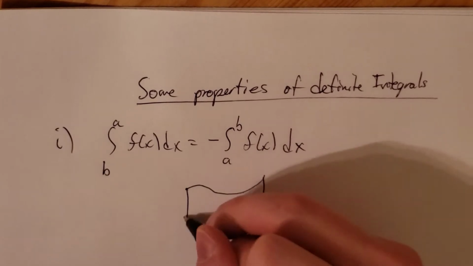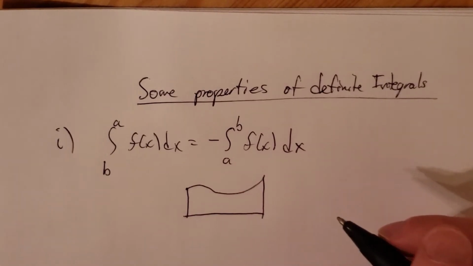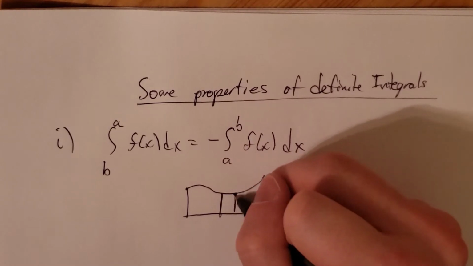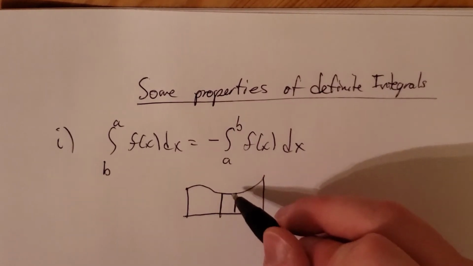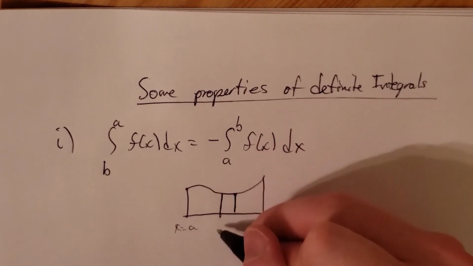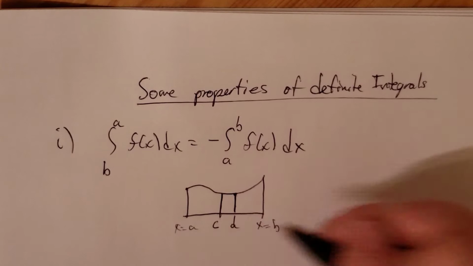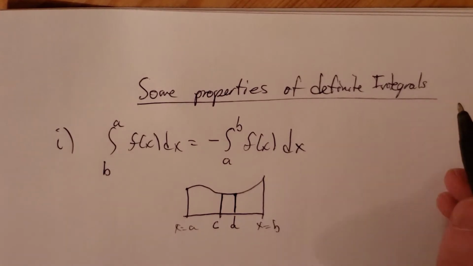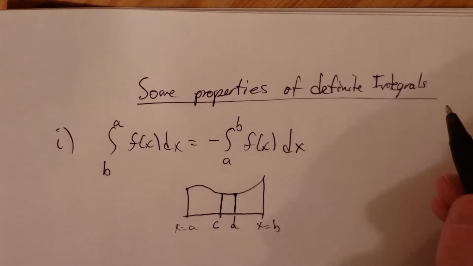This integral is trying to calculate the area under the curve f of x from x equals a to x equals b. Let's suppose we have some rectangle in here with endpoints c and d on the x-axis to help us determine the width of that rectangle.